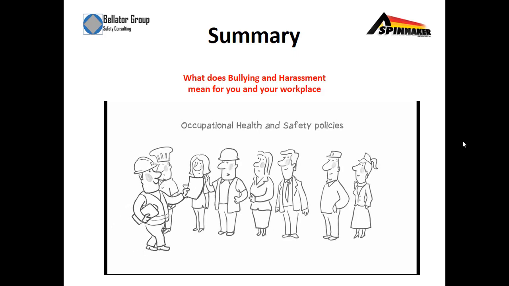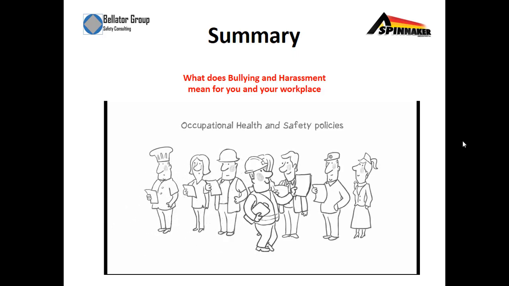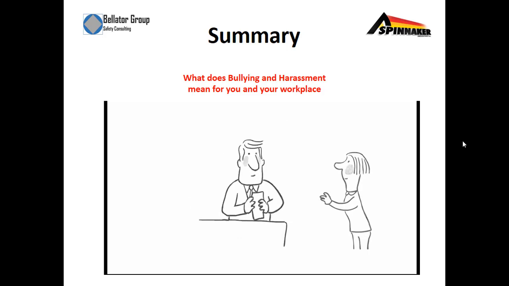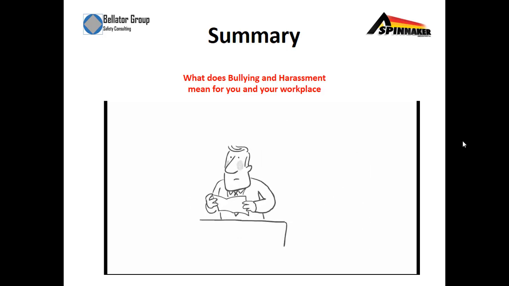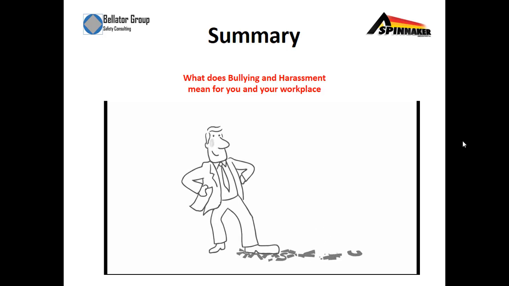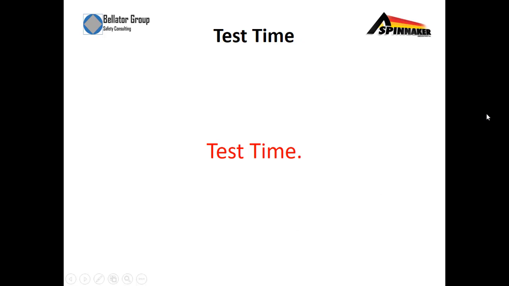The occupational health and safety policies explain what WorkSafe BC considers to be reasonable steps for employers to take. When bullying is reported, it gives employers an opportunity to take positive action. Put an end to workplace bullying and harassment.